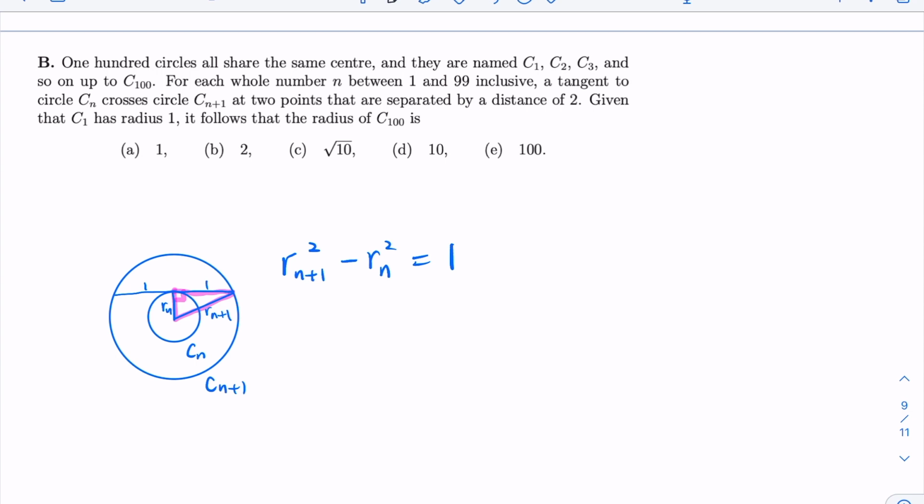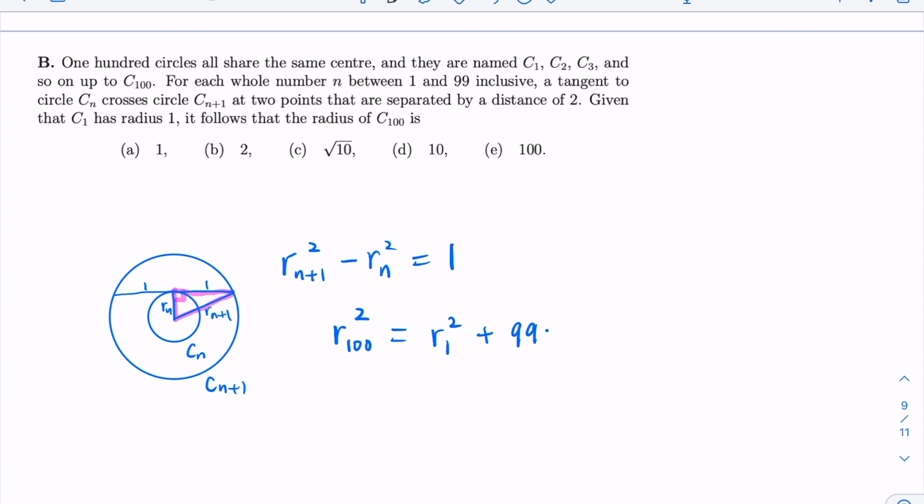So that means R100, the radius of the 100th circle, is related to the first one by this arithmetic formula. So the square would equal R1 squared plus 99 times the difference, which is 1.